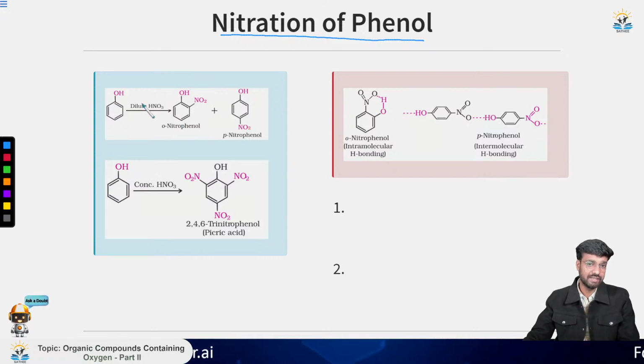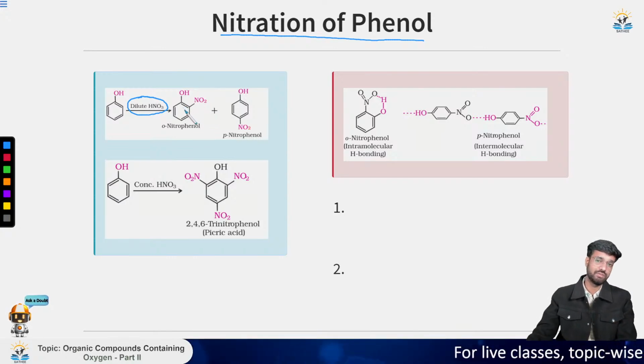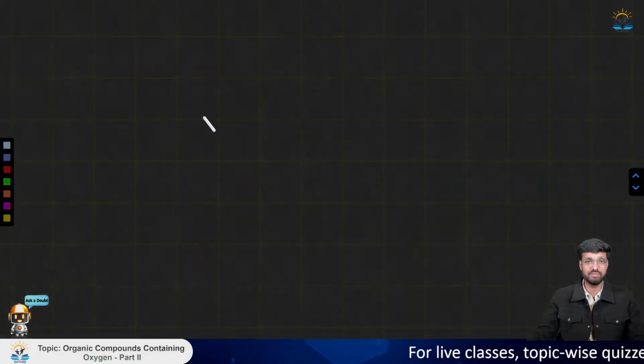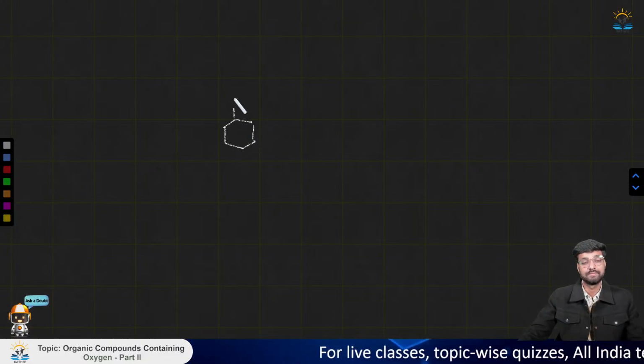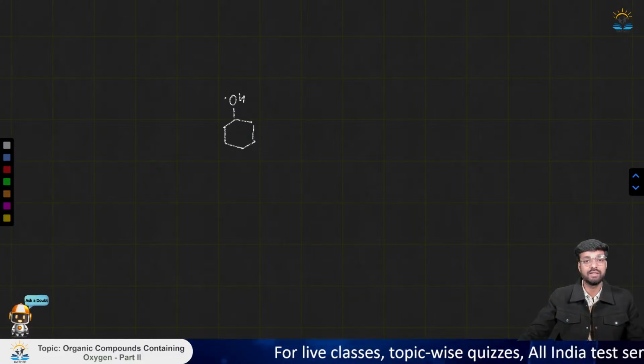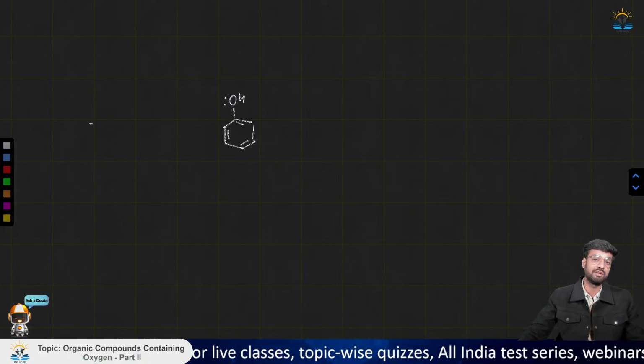If you are taking dilute HNO3, then a simple ortho-para product will be formed. You know very well, if you have seen the structure of this phenol, you can clearly see that this has a lone pair on it, and I have told you earlier also.